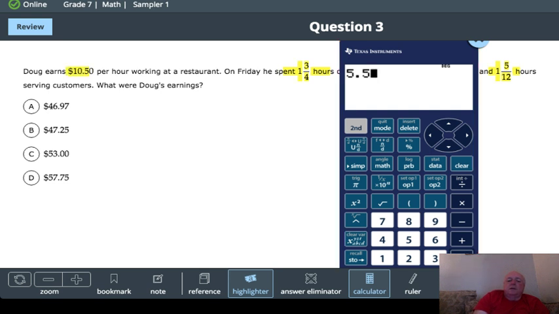So 5.5 times 10.5 equals 57.75, which gives us D.